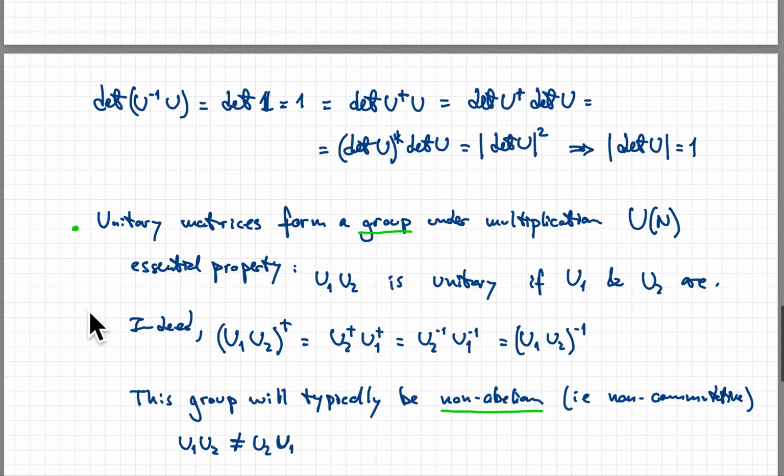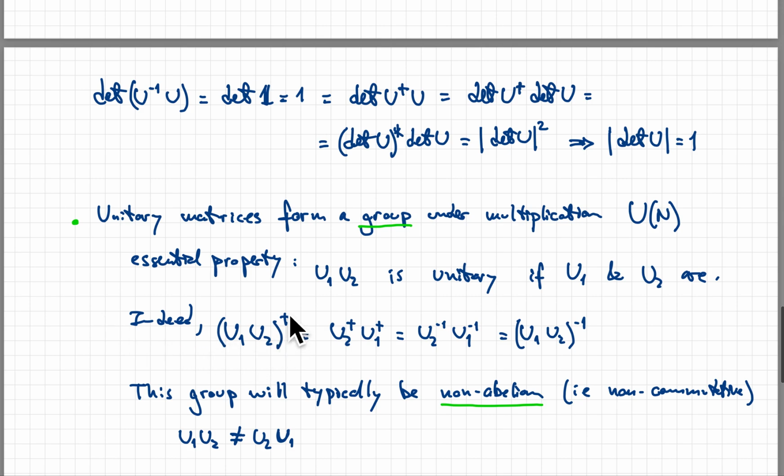And that is indeed the case. If you take U1 U2 and you take the dagger of U1 U2, you get U2 dagger U1 dagger. But it turns out that's U2 inverse U1 inverse by virtue of U1 and U2 being separately unitary. And we know that we can regroup these as (U1 U2) inverse.